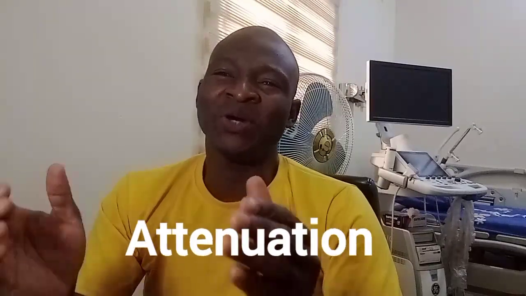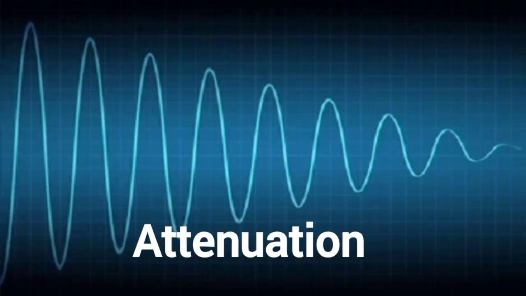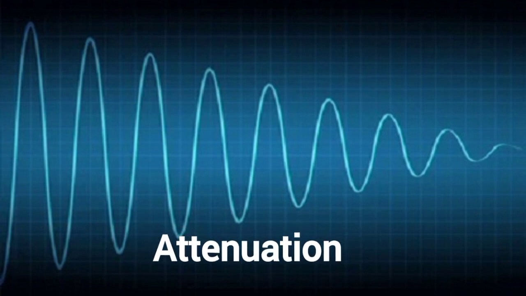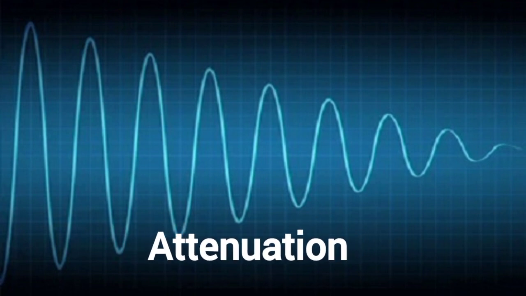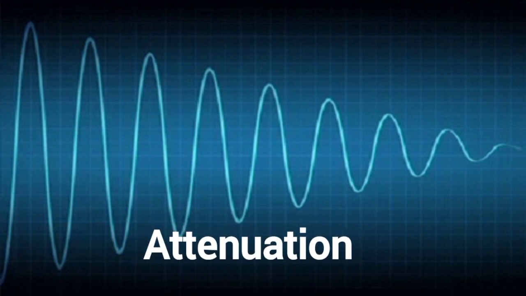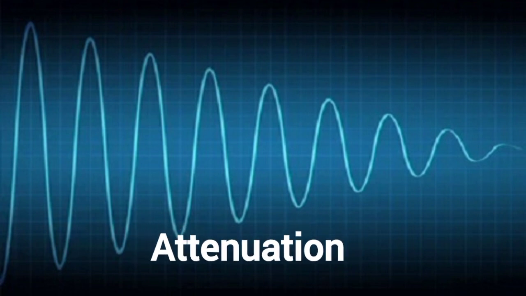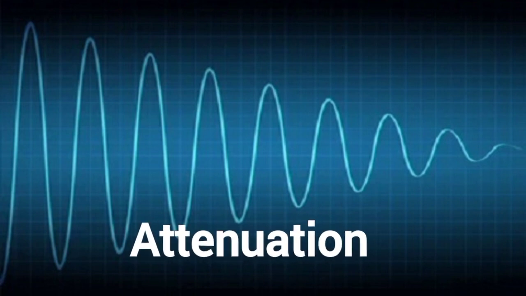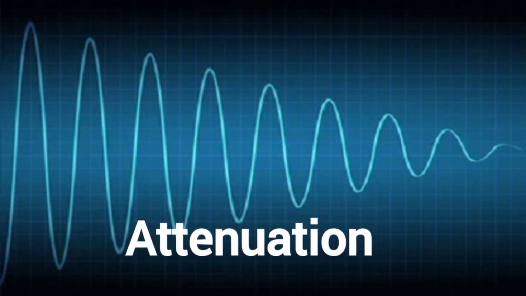So why does penetration decrease with increased frequency? It's all due to attenuation. And attenuation means the gradual weakening of the strength of the sound wave or the echo returning. It is defined as the gradual reduction in the amplitude and intensity of the incident wave as it travels through the tissue.